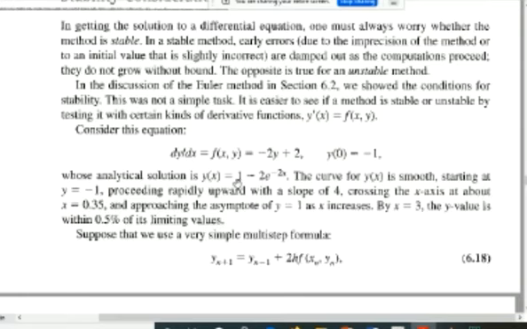So we know that the curve of these functions is smooth. Smooth means it's differentiable, or its derivatives are available for all orders.